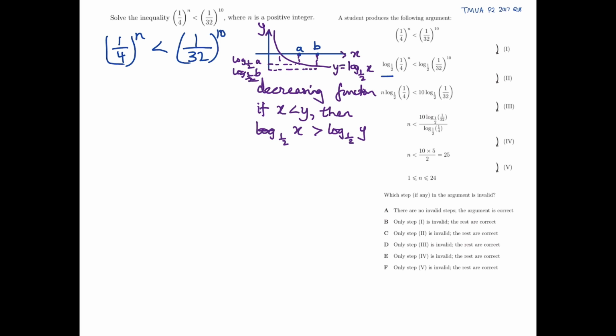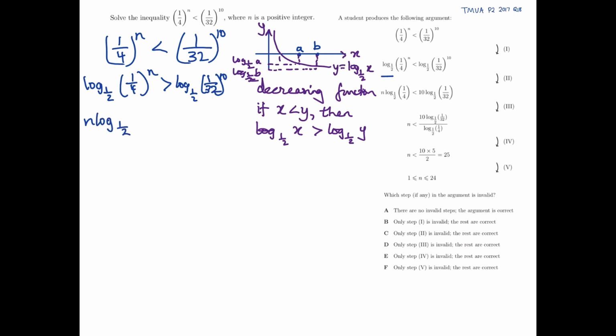So I'm going to rewrite it as log base half of (a quarter)^n is greater than log base half of (1 over 32)^10. Now, hopefully you will spot that we can bring that power down so that it's in front of the log.